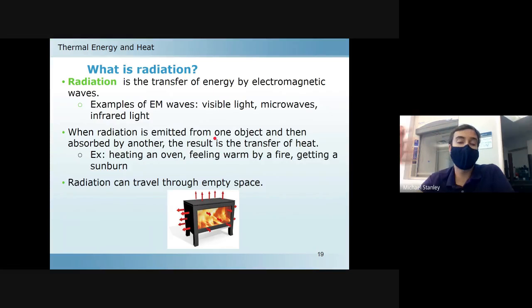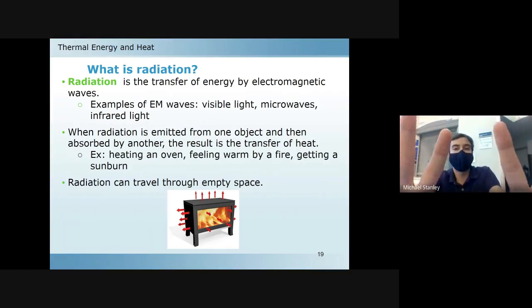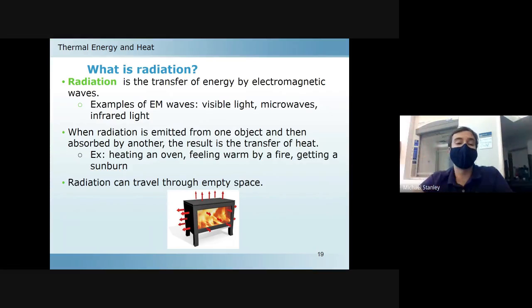It's the same reason why when you sit next to a fire, you can get the warmth from the fire. If you held your hand over the top of it and felt the hot air rising from the fire, that's convection. But if you're sitting next to the fire, you put your hands out and you can feel the heat coming off of the fire, that is radiation heat.